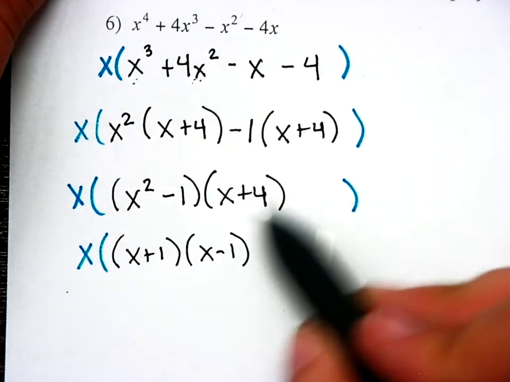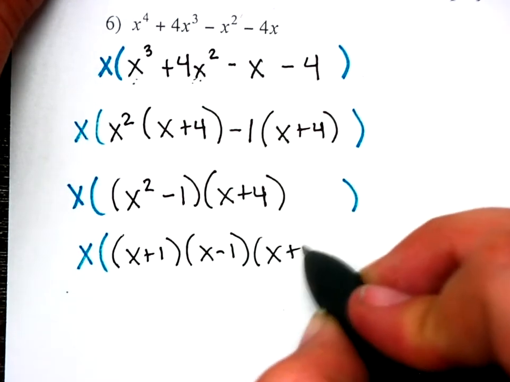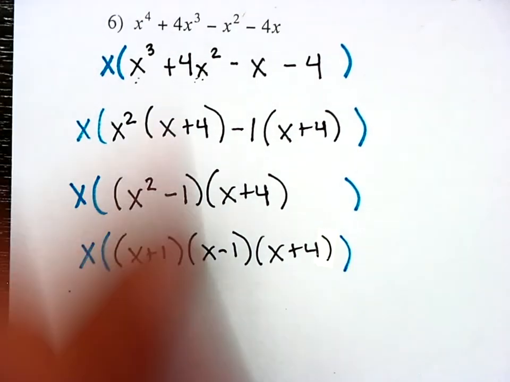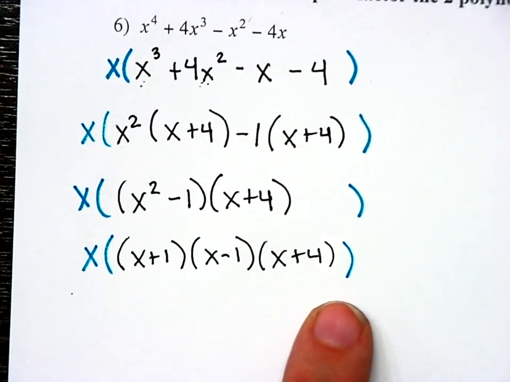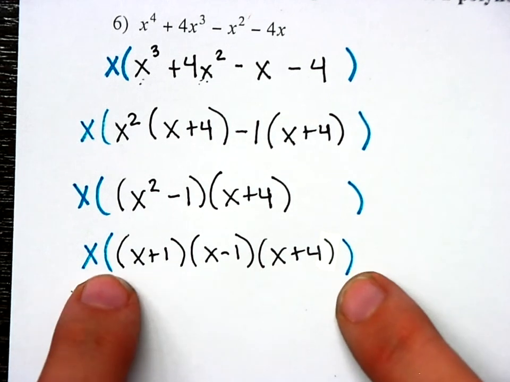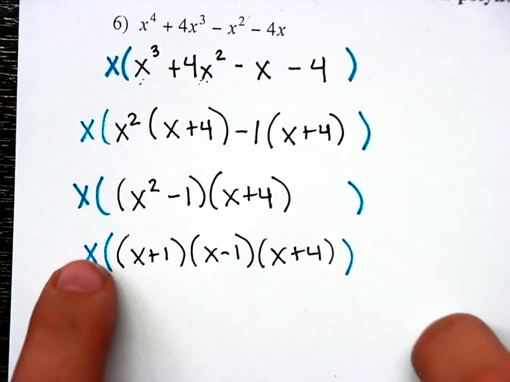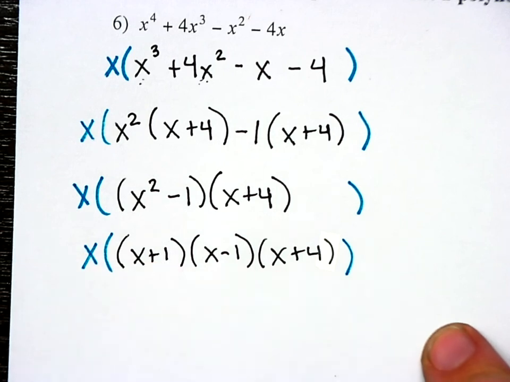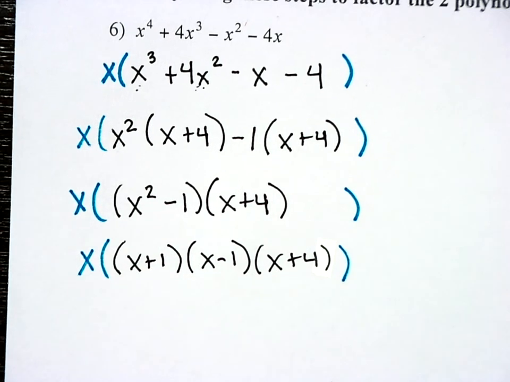And then I still have the x plus 4. Now I'm done factoring. Everything is factored completely, and this would be my final answer. You don't technically need these blue parentheses anymore because the x would be on the outside, but just know that you'd have 1, 2, 3, 4 factors here. And that's my final answer.